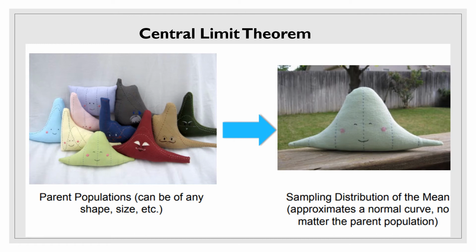What the central limit theorem says is that if you take a sample size large enough, which we say is 30, then no matter what the parent population looks like, whether it is skewed left, skewed right, uniform, bimodal, whatever, the sampling distribution of sample means will become approximately normal. If you have a small sample size, though, it will mirror what the population was.